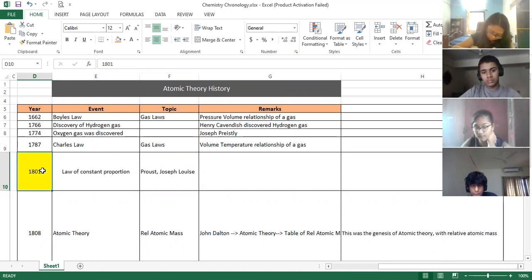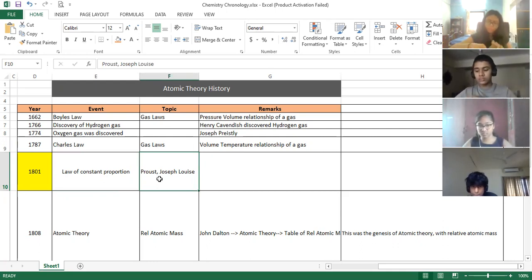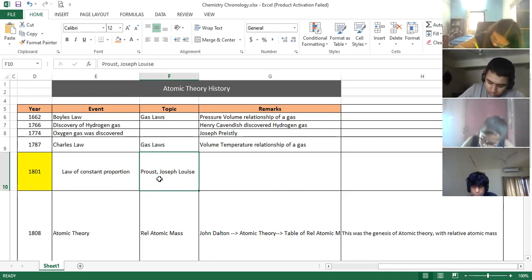And then 1801 is the event we are interested in, because I told you the law of constant proportion is what we want to discuss. This was given by the scientist Joseph Proust. It is very important that you remember this fellow, Joseph Proust, 1801. He's the guy who gave the law of constant proportion.